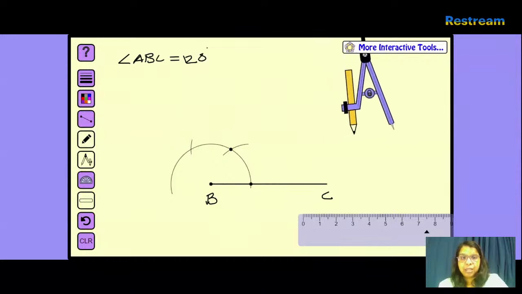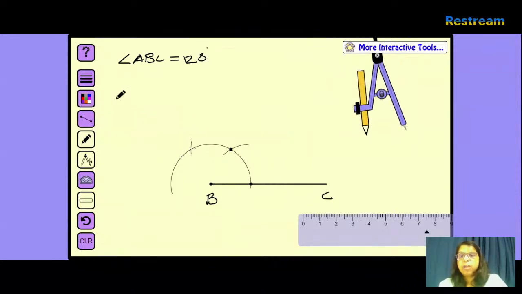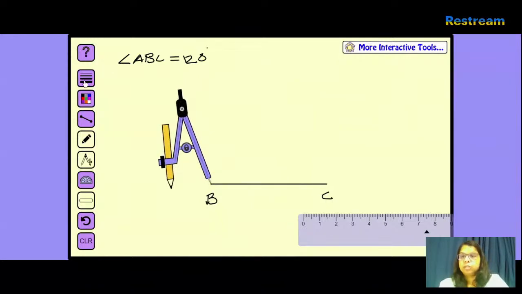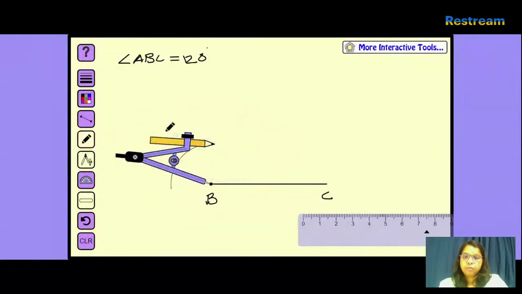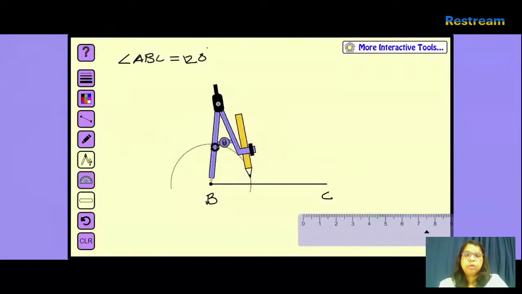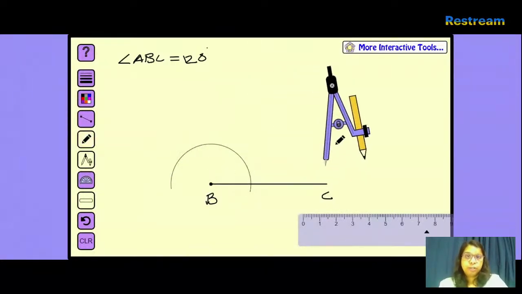Now if you draw a line through this particular point here, you are going to get a 120-degree angle. Oh, sorry. We have straight lines, right? We have to do it again. This tool is slightly not very flexible, but it's very useful, so I'm using it. Since you have actual physical tools with you, this is going to be easier for you.